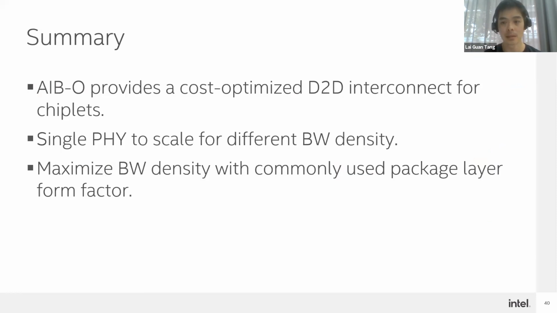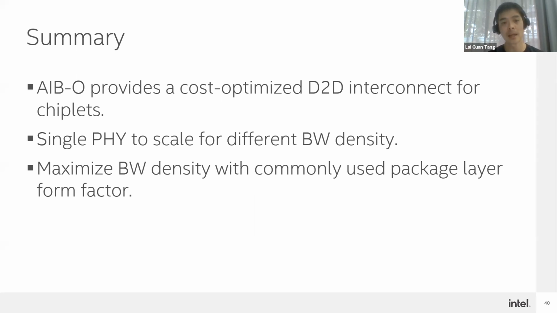Next slide, please, Dave. So to recap, AIBO does provide a cost-optimized die-to-die interconnect for the chiplets. That is the main key driving factor for us to look at AIBO, and we will be able to utilize a single PHY to scale for different bandwidth densities.